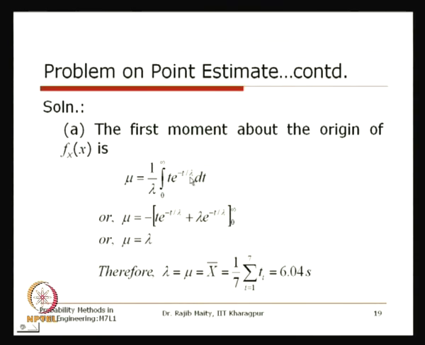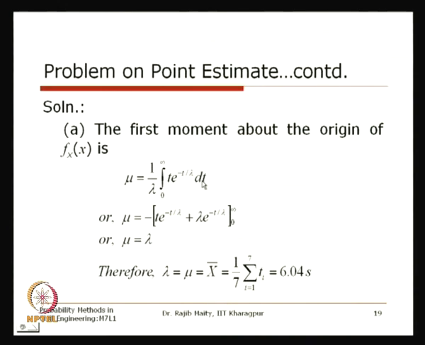If we solve this, we can see that mu is equal to lambda. So lambda is equal to mu, which we can obtain from this sample as x bar, the estimate of the mean. That is 1 by 7 times the summation of all the ti, the arithmetic mean. So 6.04 seconds is the estimate for lambda.